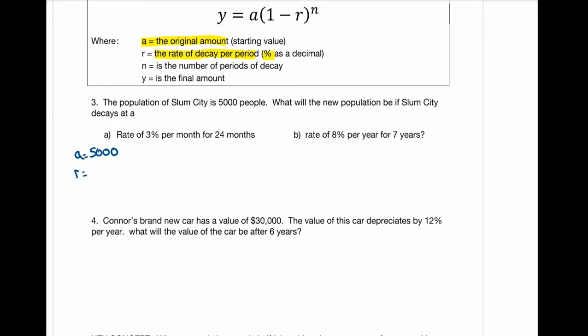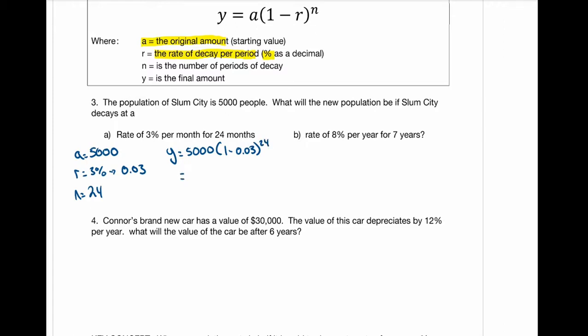What's my R value? What's my rate? Well, it's 3%, which is actually 0.03 as a decimal. How many periods are there? Well, it's for 24 months. So in my equation, y equals a times 1 minus r to the power of n. A is 5,000. 1 minus r, or 0.03, to the power of n, or 24.